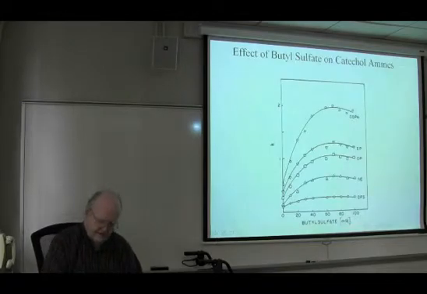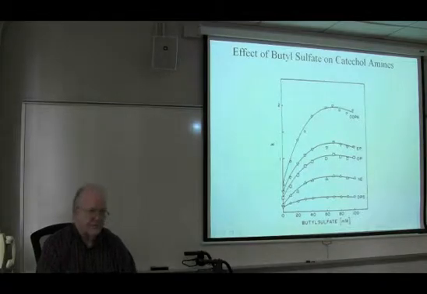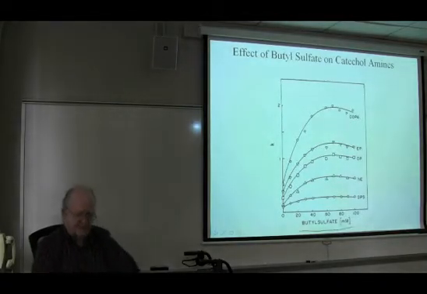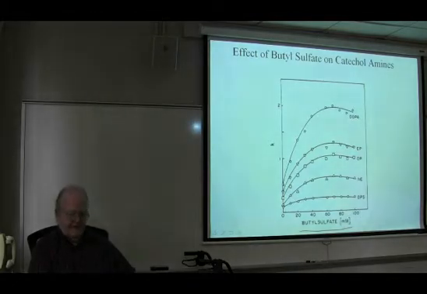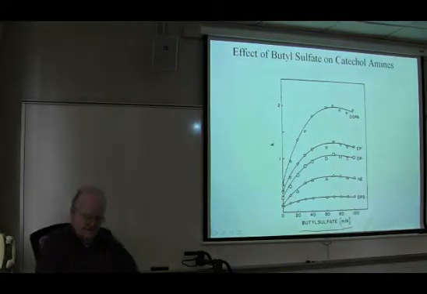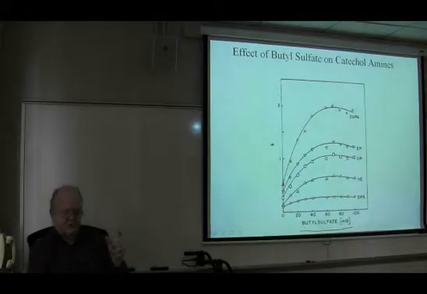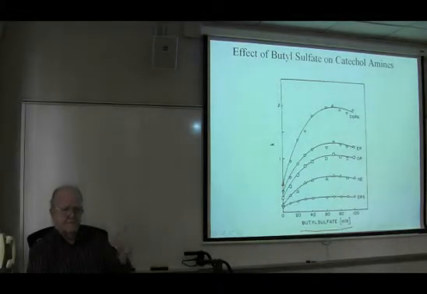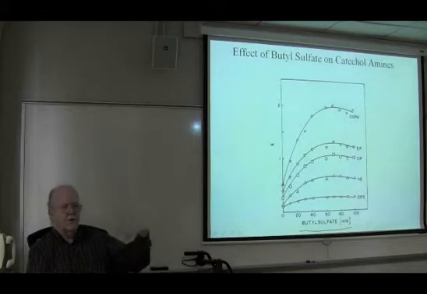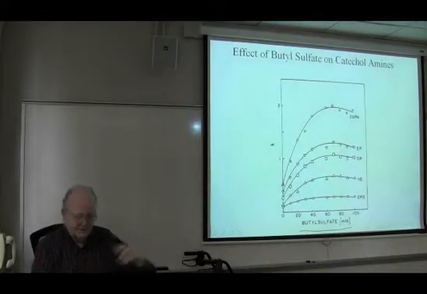Here are those compounds that were in the previous chromatogram, and here's the effect of the concentration of butyl sulfate on their retention. And you can see, this is a pretty good effect on retention. But butyl sulfate is a short chain. If you want more retention, you go to a longer and longer chain.